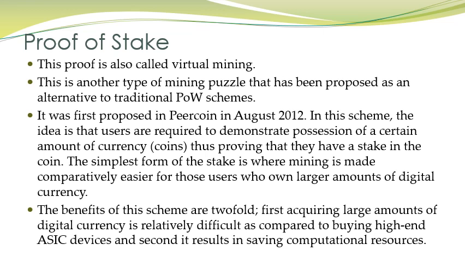So the benefits of this scheme are twofold. First, acquiring a larger amount of currency is relatively difficult. Getting a larger amount of currency in the Bitcoin network is difficult as compared to buying a high performance computer. In proof of work, we know that high performance computers are required, and in proof of stake, the miner requires a larger amount of digital currency.